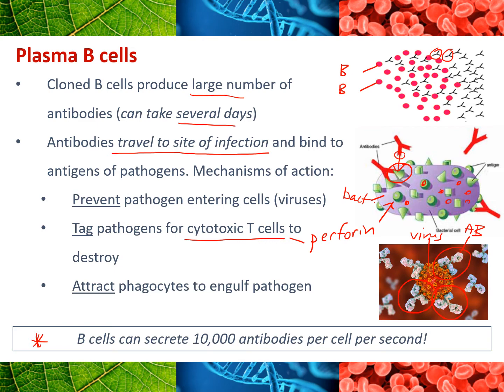Another thing that antibodies can do is attract phagocytes to that area so they can engulf the pathogen. And that would then go through the same steps of phagocytosis that we have looked at before. So a few different ways that antibodies neutralize pathogens when they find them.